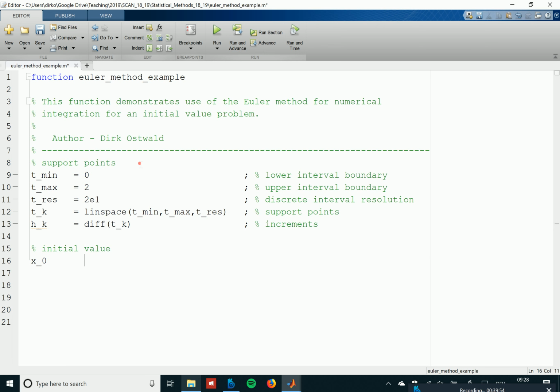So as t0 we take our first tk in here, and as our x0 we take, I now want to reproduce what I have there in the script, so this is why we now take the initial time point to be minus 1.5, and then we take minus 0.8 as the initial value.